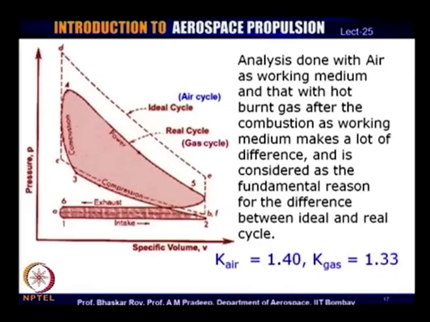When you factor them into your thermodynamic cycle calculations, you will find there is a big difference between the use of these two values in the power calculation or pressure ratio calculation. As a result, there is a big difference between these two areas, due to the simple fact that you do not have air here; what you have here is gas.